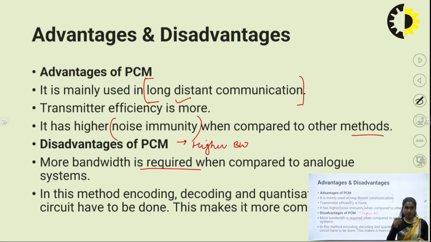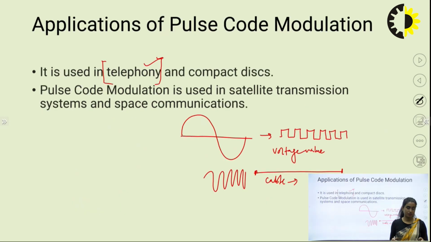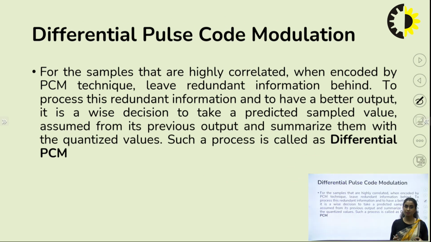One disadvantage of pulse code modulation we just studied is that it requires higher bandwidth, that is, too many bits against a particular message are generated. Now how to reduce it? That is a big question, right? If I want to reduce the number of bits corresponding to a particular message, I might use differential pulse code modulation.